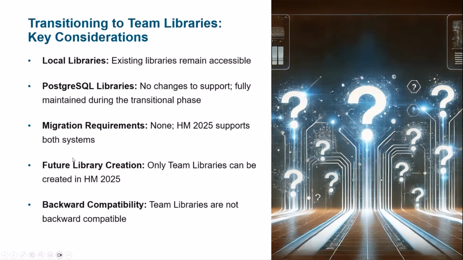So what are the migration requirements? There is no need for additional steps or a migration effort. HyperMesh 2025 again supports both the legacy library as well as PostgreSQL, and we are keeping that support until we ensure that everybody has transitioned to the team library.